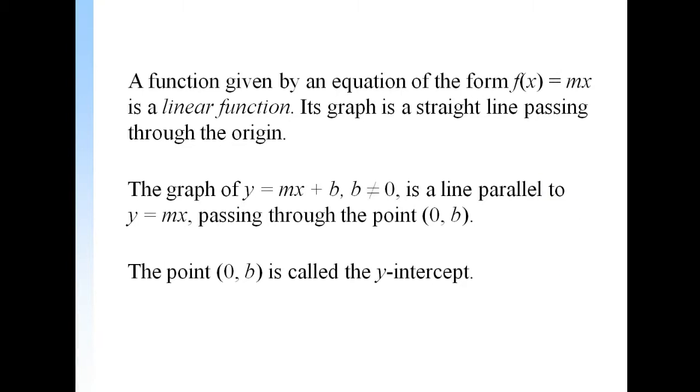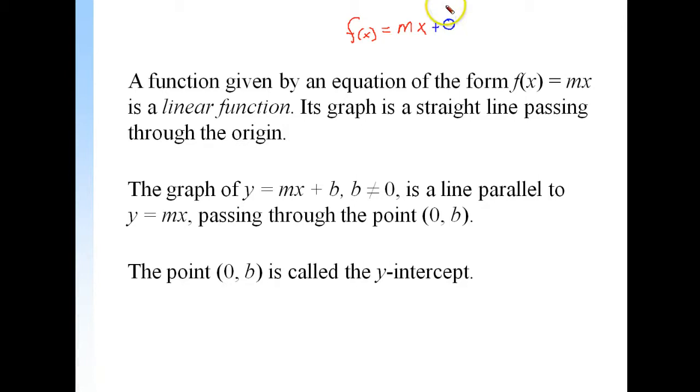So here they're giving it to us now in function form. So the function form is f of x is equal to mx. Now if it's in this form and there is no y-intercept, we can think of it as plus 0.